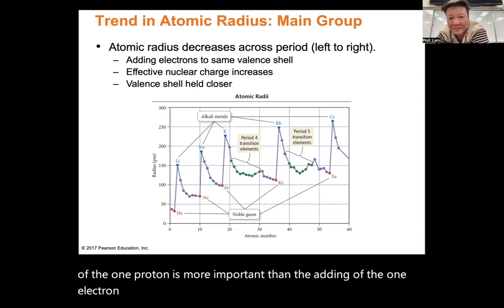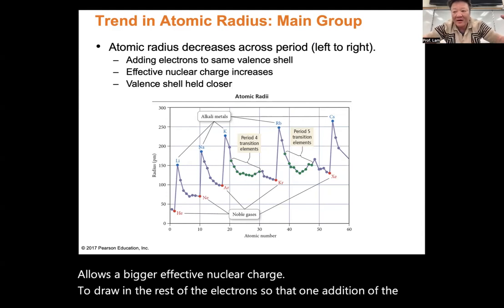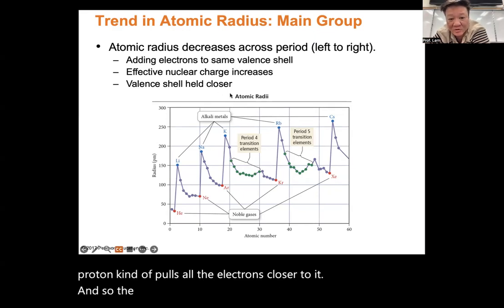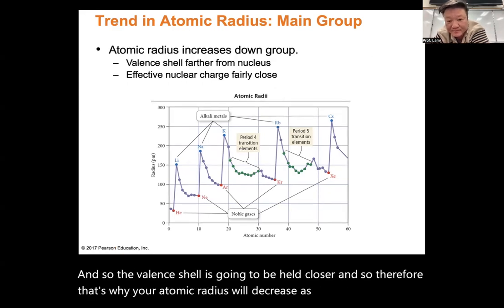Adding the 1 proton allows a bigger effective nuclear charge to draw in the rest of the electrons. So that one addition of the proton pulls all the electrons closer to it, and the valence shell is going to be held closer. And so therefore, that's why your atomic radius will decrease as you go across.